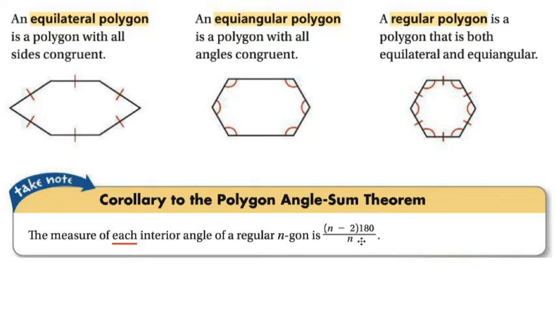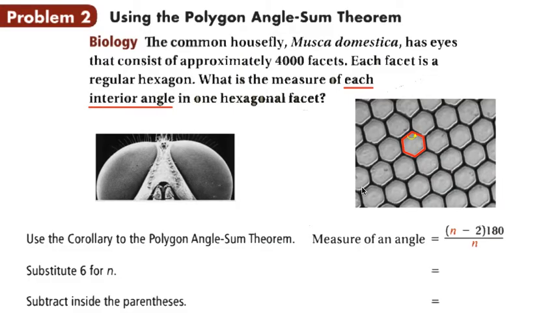If we wanted to know in a triangle, and it were a regular triangle where it's equilateral or equiangular, what the angle measures are, we're going to take n minus 2 times 180. We know that they add to 180 in a triangle, but then if we divide by 3 angles, each one of those is 60. So that's how we find the individual or each interior angle, by dividing by the number of sides. So let's go ahead and use that to solve some problems.